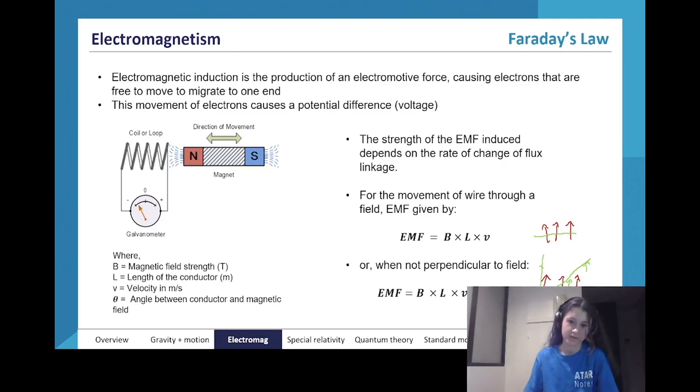So that's why we need to consider this sine theta. What this tells us then is that if a wire is completely parallel to a field, or in other words, if theta is 0, then there's not going to be any force induced. And that's of course because the sine of theta of 0 is equal to 0. So that's just something to remember, mostly for maybe a multiple choice question.